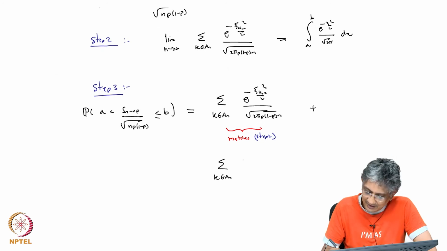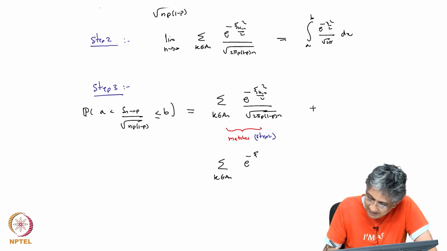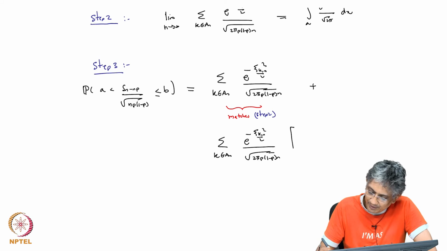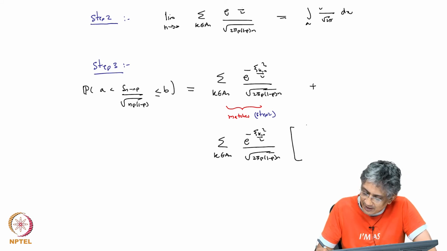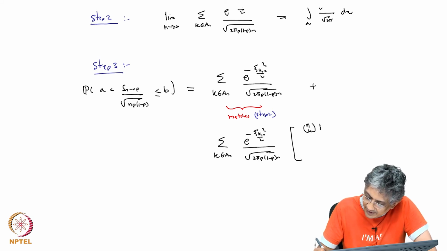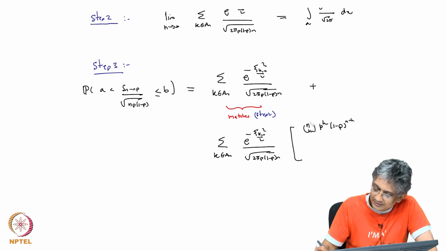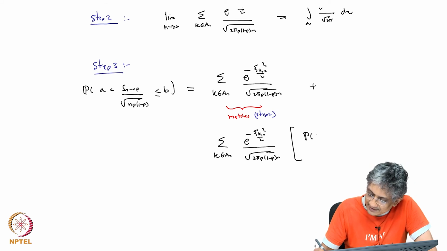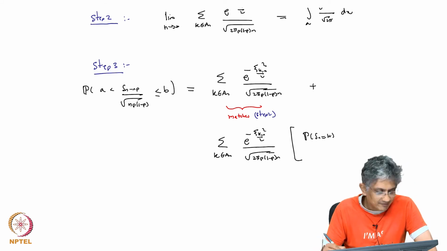So I'll write e to the minus xi_k,n squared by 2 divided by square root of 2 pi p (1 minus p) n, and then I'll put a big bracket in which I'll put the two terms. So I'll have the probability S_n equal to k, that is n choose k p^k (1 minus p) to the power n minus k. Or I'll do it in two steps. So I'll write the probability S_n equal to k divided by this person, right?